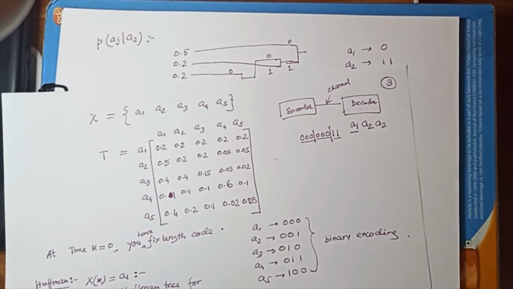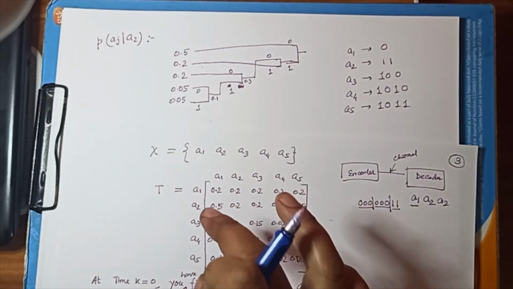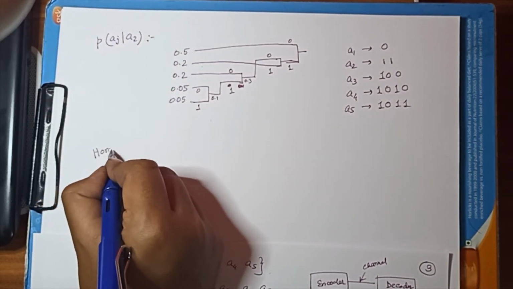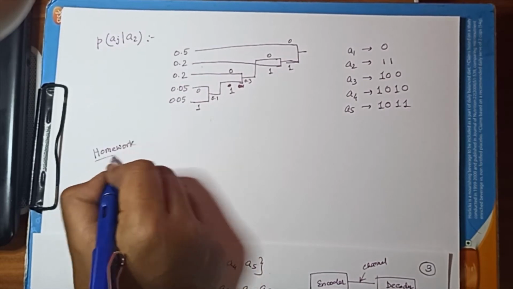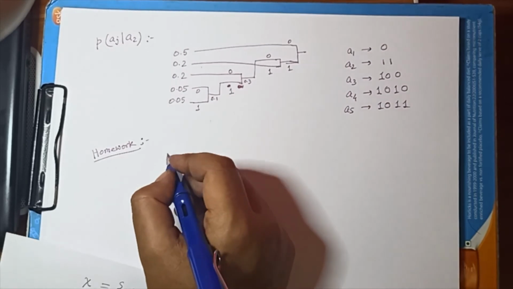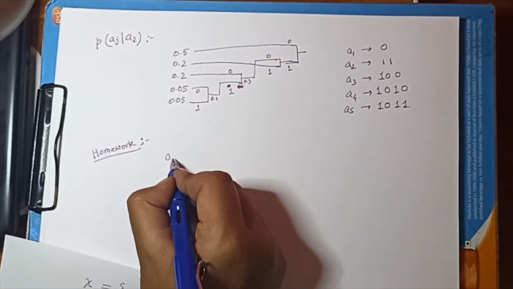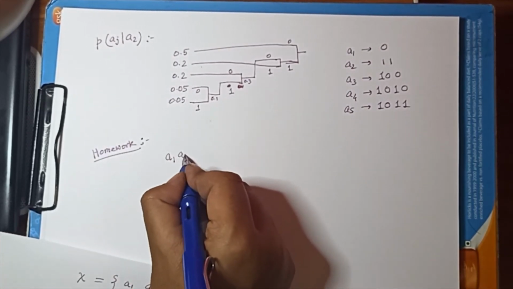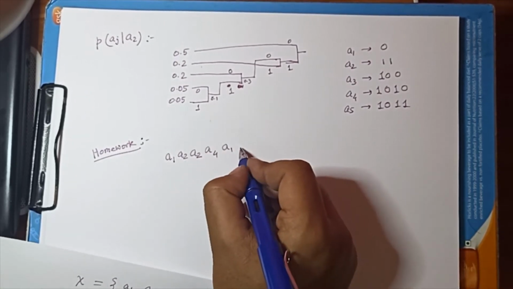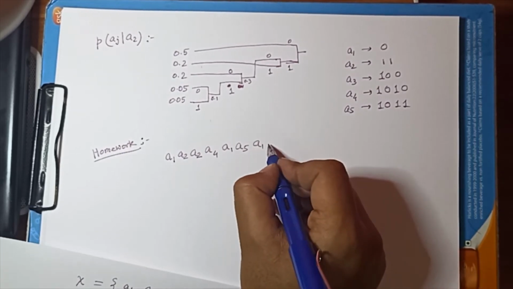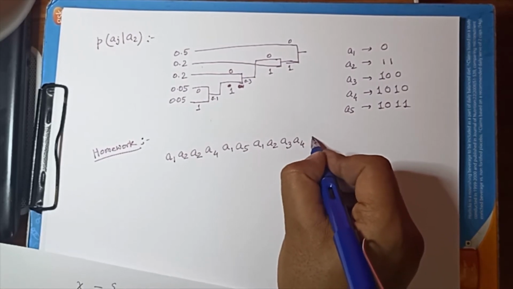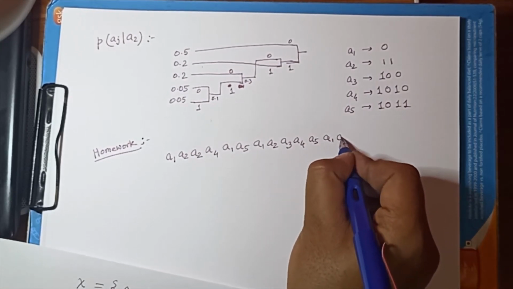So I am asking you that you generate the Huffman code for all of them, and then this is like your small homework, you try. So for this particular Markov chain, you try this sequence: A1, A2, A2, A4, A1, A5, A1, A2, A3, A4, A5, A1, A2, A2.